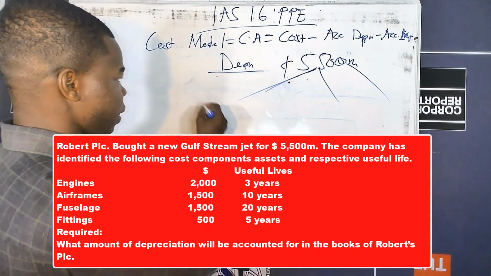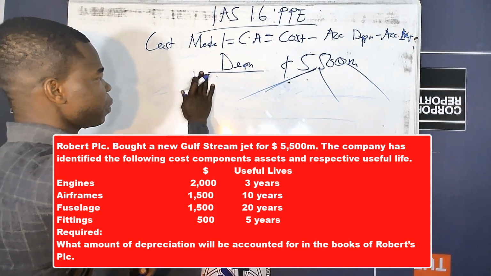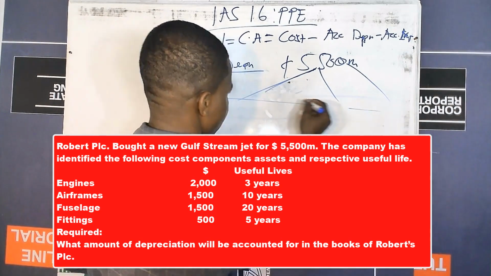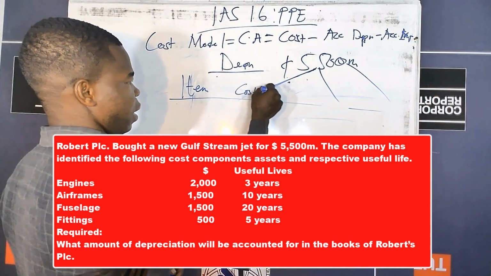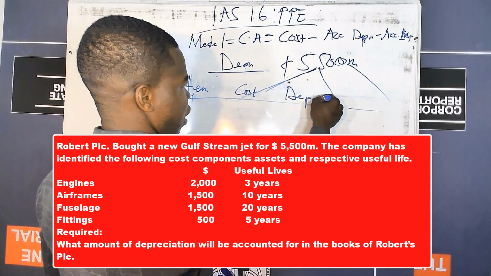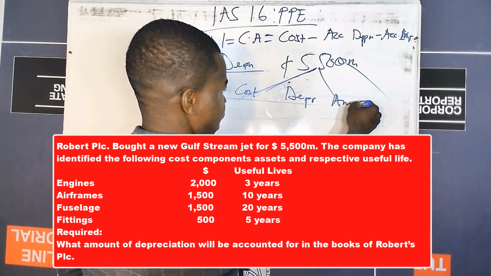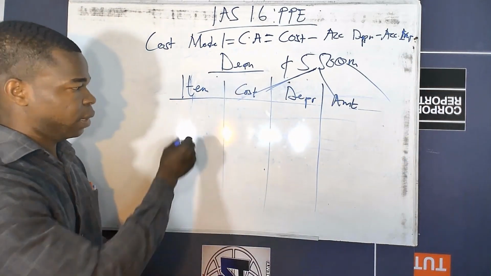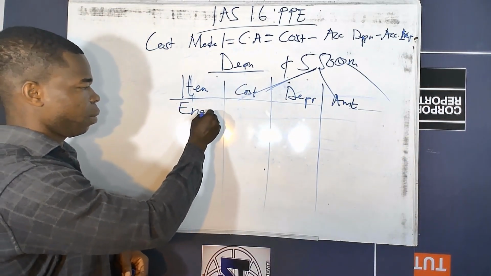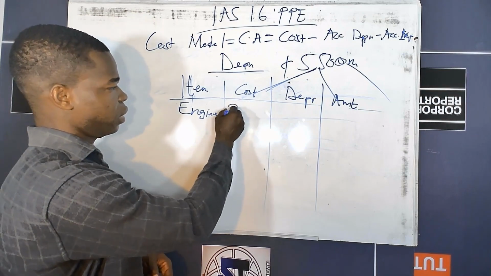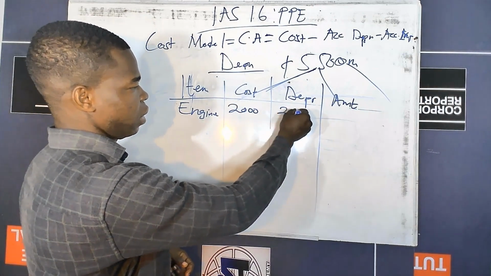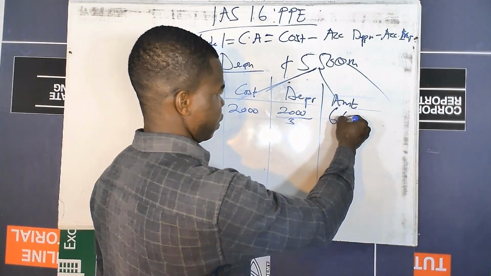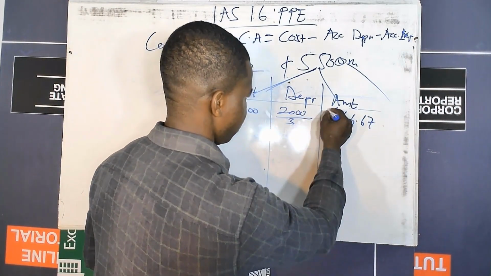So here in this case, let's say we have the item over here, and then we have the cost over here, and then we have the depreciation amount. This is assuming we are using the straight line method. In this case, the engine, which costs 2,000, with a useful life of 3 years, will be 2,000 divided by 3, which gives us $666.67.